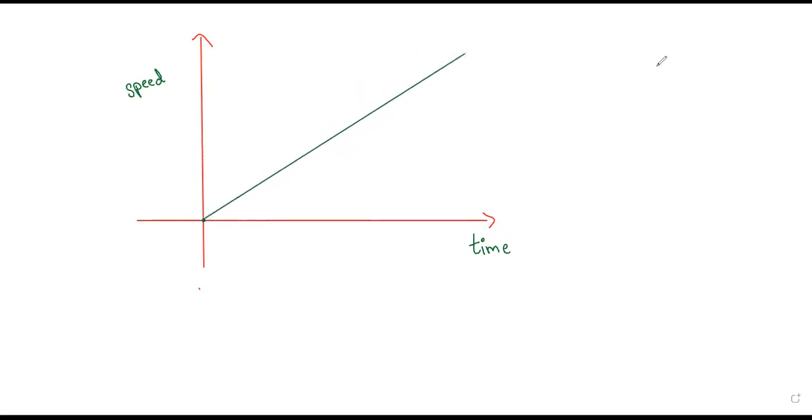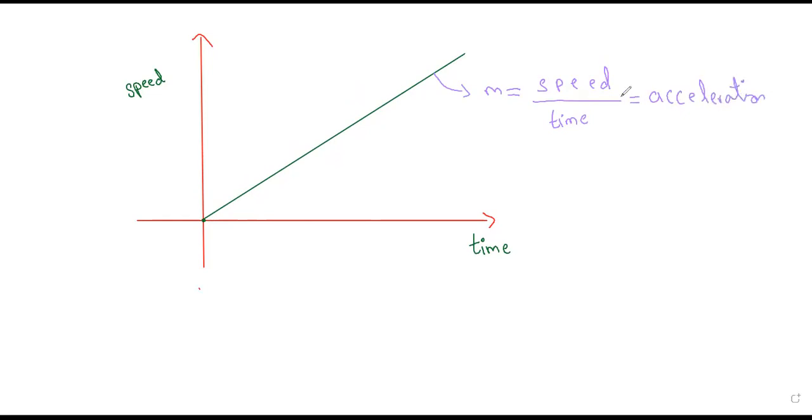Let's say this is the line. Again, the same concept. The slope or the gradient of the green line is basically rise over run. Now we are big enough to write down the rise quantity, that is speed, divided by the run quantity, that is time. And before talking about the graphs, I told you acceleration is speed over time. So this is going to give you the acceleration.